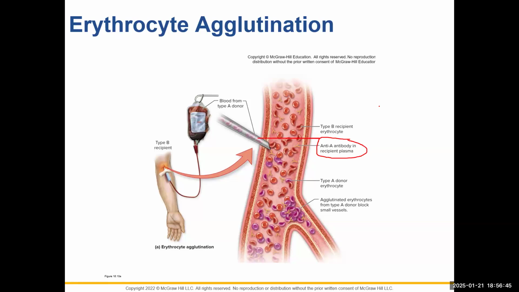And so guess what? That type A blood has the surface antigen A. Guess who likes surface antigen A? Anti-A antibodies. So they'll start interacting with those antigens and they cause clumping, and then that clumping can cause blockages. And you can see it here on this picture, how we're seeing a blockage form.